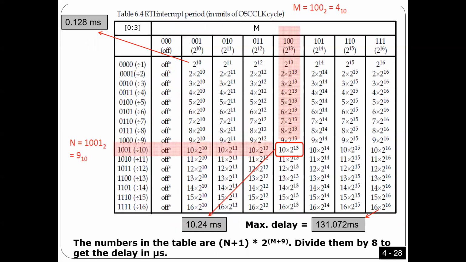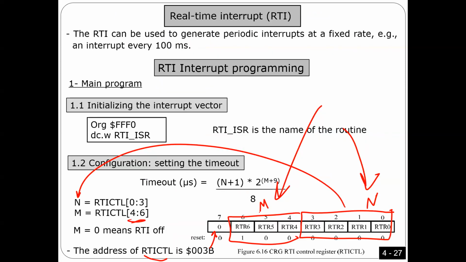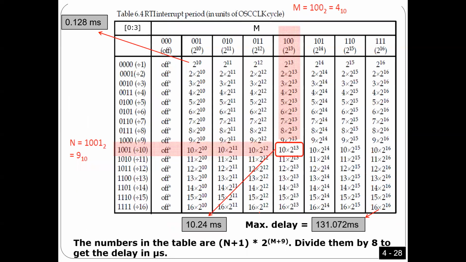The way you come up with this number is, I told you we have here N and M. If you look at this table, it has all possible cases. M can have a value from 000 until 111 because M is 3 bits.